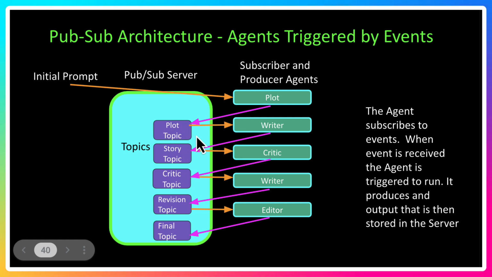So when one of these things is written, as we showed here, we have something that's subscribed to that. So in this case, the critic is subscribing to the story topic. And then the writer is subscribing to the critic. And the editor is subscribing to the revised topic. So this is a great way of controlling agents and making sure that they have the right context. Okay, bye for now.